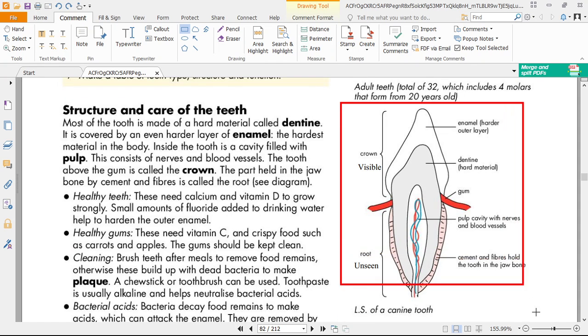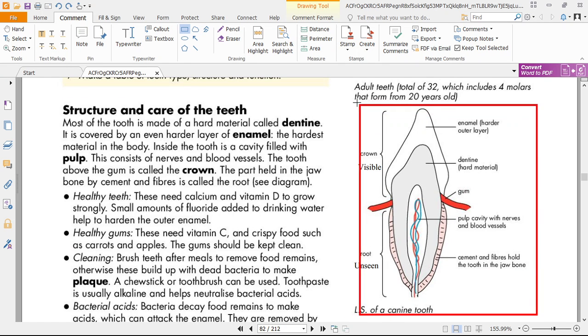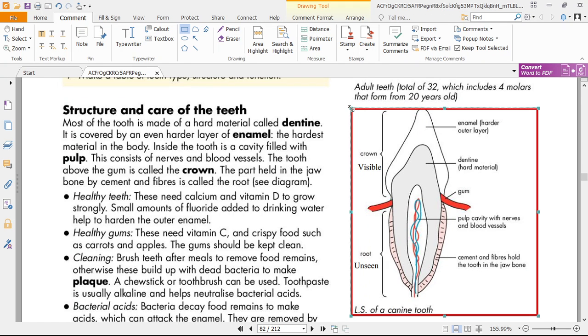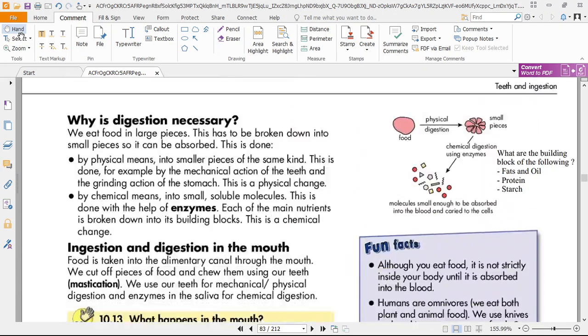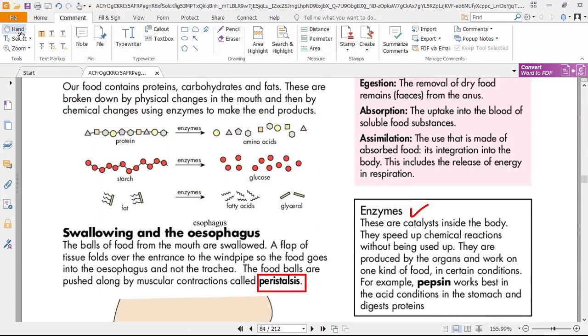So ensure that we get this diagram in our heads. That's one. Let's go down. This diagram is also an important diagram.